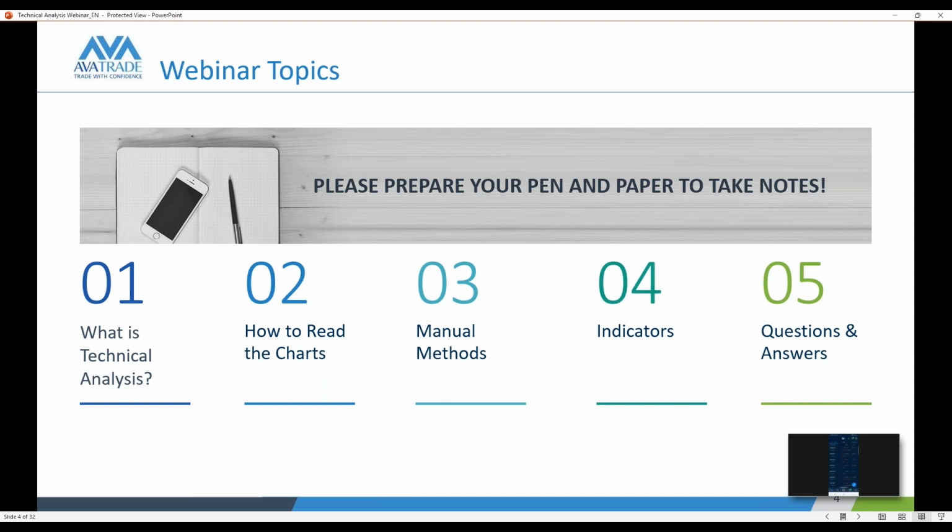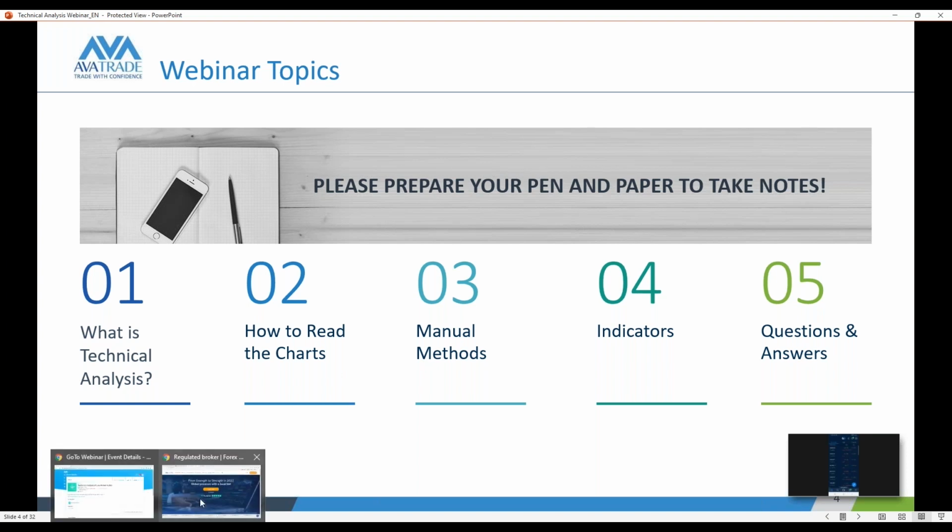But I think it's important you understand the manual methods within the webinars, and then you can use indicators that maybe you trust as well to help you with your technical analysis, and the indicators look back at the same candles that you do when the indicator is telling you maybe that something's overbought and the price should come down or oversold, etc. If you have any questions or input that you want to give as we go along, please do so. Anything that's pertinent to the conversation, I'm happy to address or share.